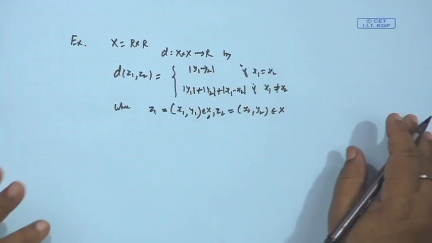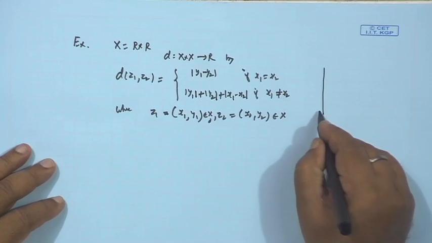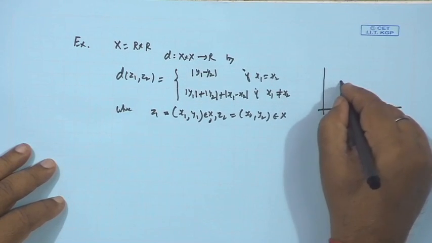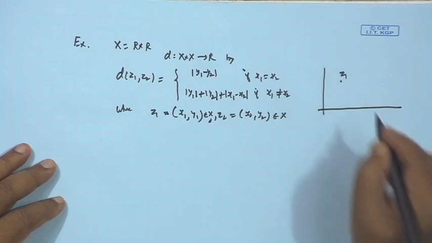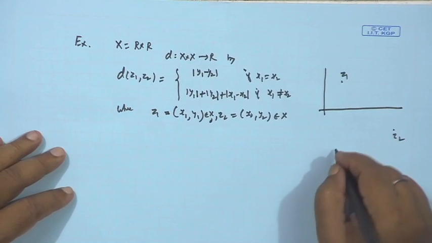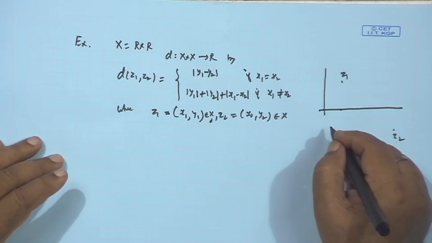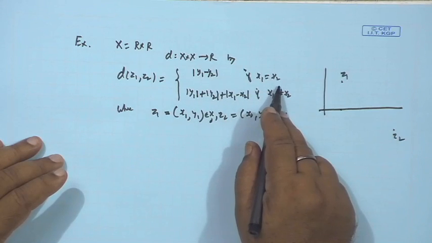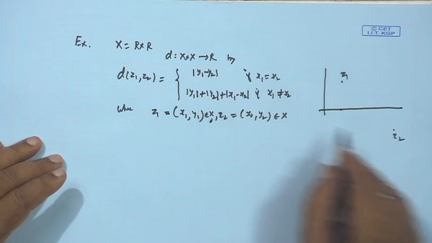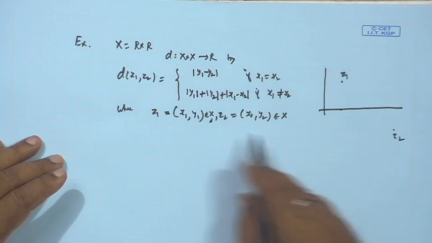Now, what is this basically? Suppose we have two points, one point is z1, another point is z2. When x1 is equal to x2, the distance is |y1 − y2|, otherwise it is this.